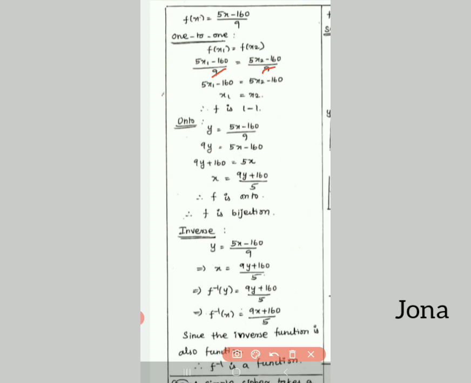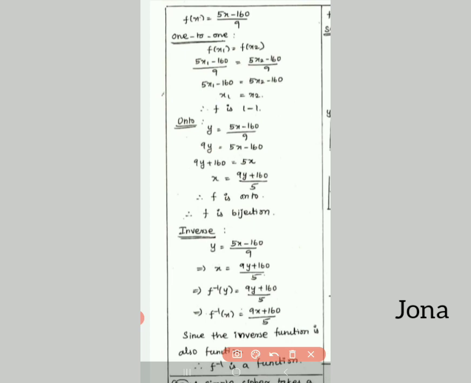So 5x1 equal to 5x2. From that I get x1 equal to x2. Therefore, from f of x1 equal to f of x2, I got x1 equal to x2. Therefore, f is one to one.